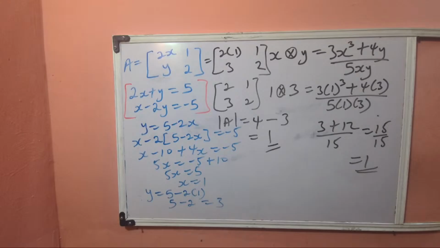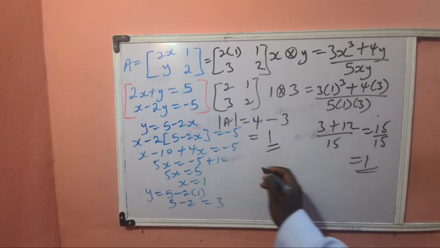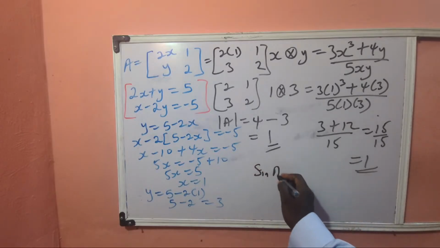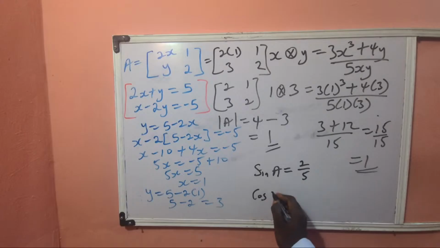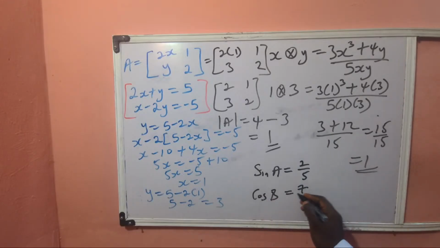Now, the next question that was related to this question, it said, given that A and B are acute angles and sine A, this is a trigonometric question, sine A equals 2 over 5 and cos B is equal to 7 over 25. Find without using calculator.